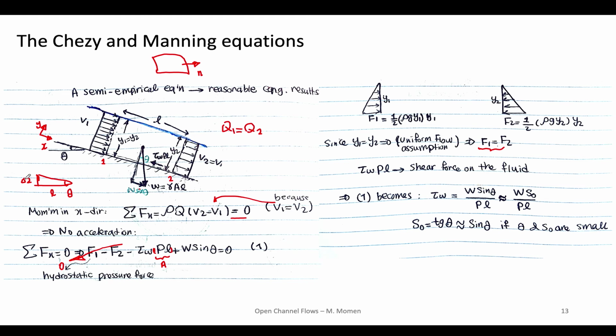This L. So delta Z over L is going to be S naught, which is tangent of theta. And because in most open channel flows this slope theta is very small, I can make an approximation that tangent theta is almost equal to sine theta. If theta and S naught are very small, I can make this assumption. So I can just write here that sine theta is almost equal to S naught. So I can write tau W is almost equal to W S naught over P L.